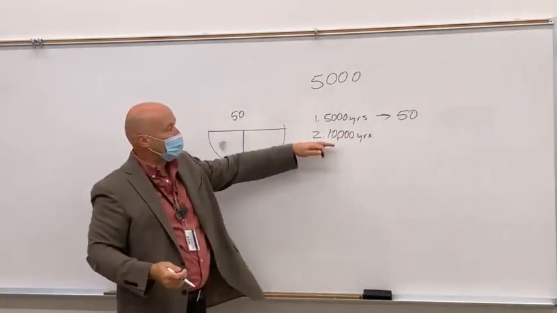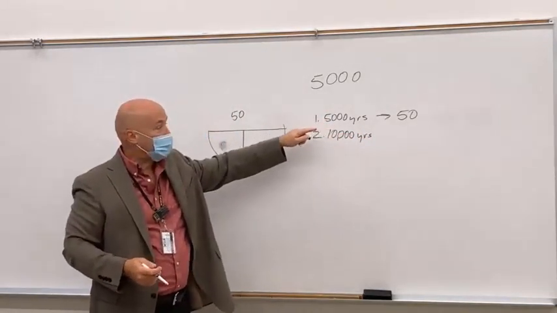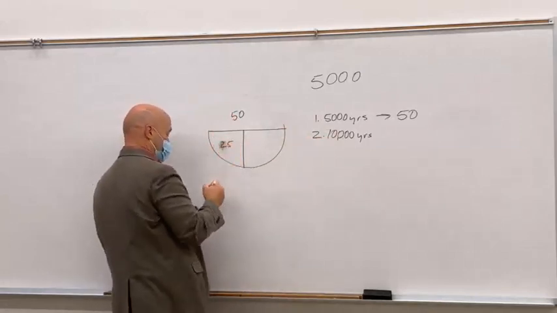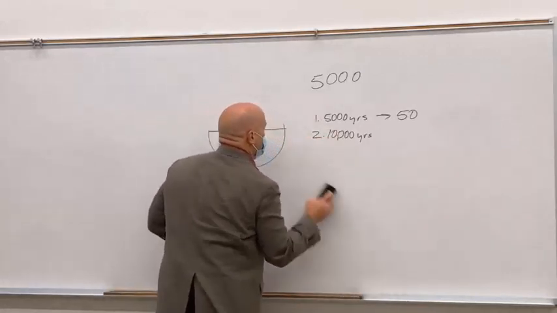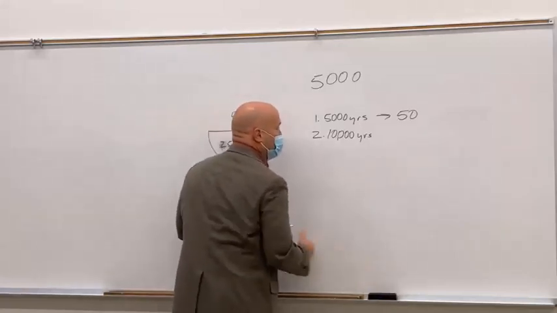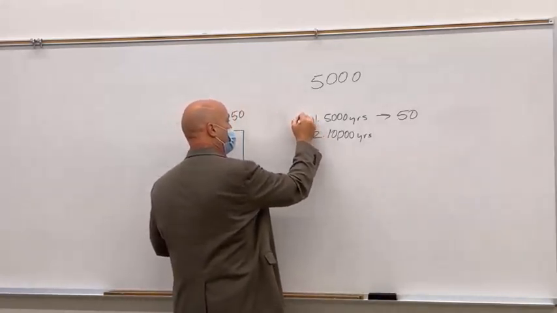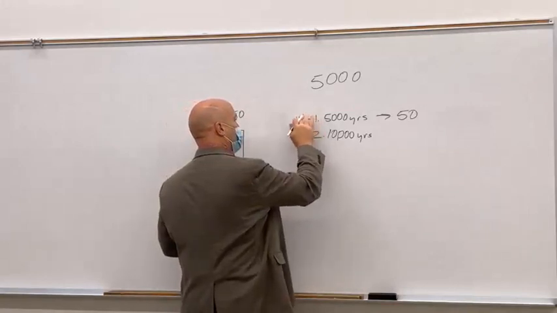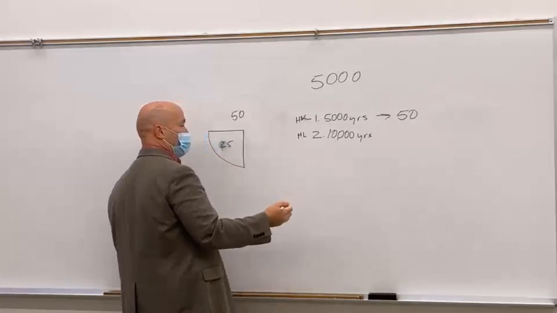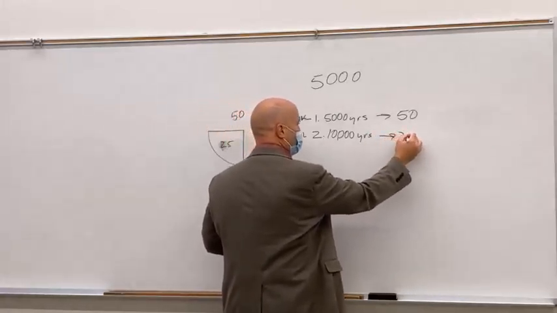That's not 10,000 years after this, but 5,000 years after that one. Then what we're going to have is half of that, so we're going to have 25. All right? So two half-lives at 10,000 years. Second half-life at 10,000 years, we got 25.